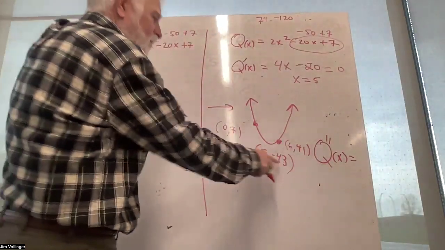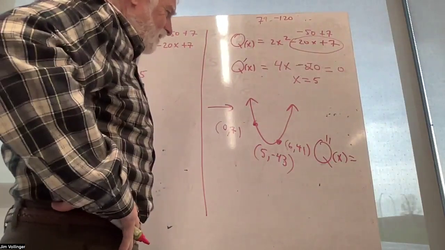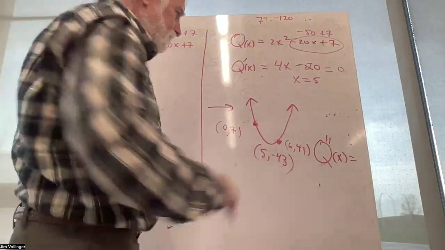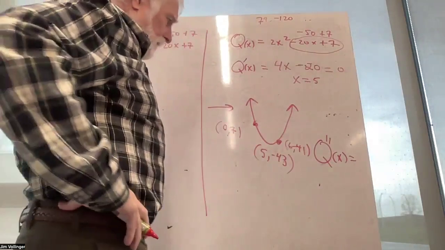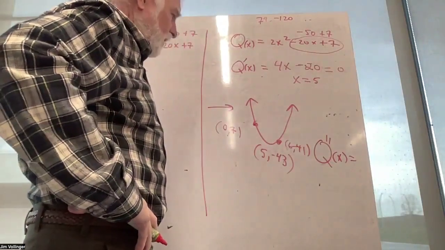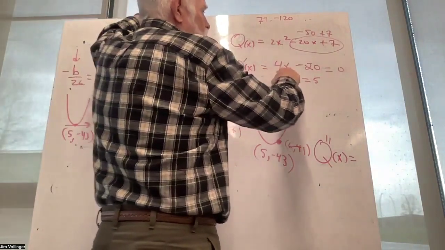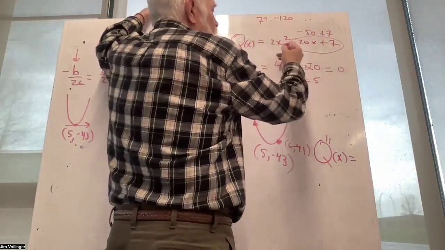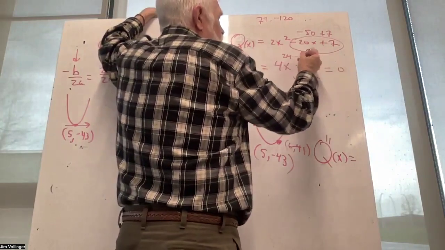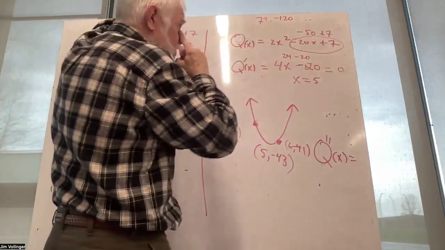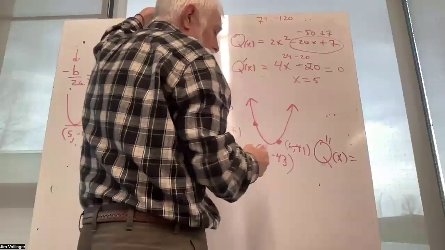Oh, because I only changed by 1. Yeah, that's right. Thought I had a little different answer. Anyway, if I plug in 6 here, 4 times 6, 24, minus 20. Oh, okay, that makes sense. So 24 minus 20, there's the 4 to 1.